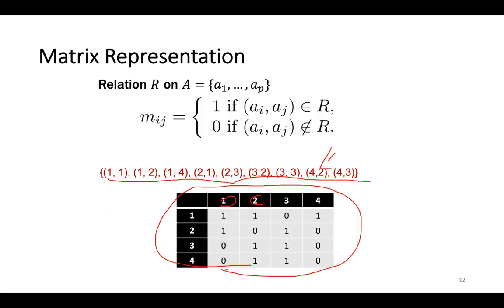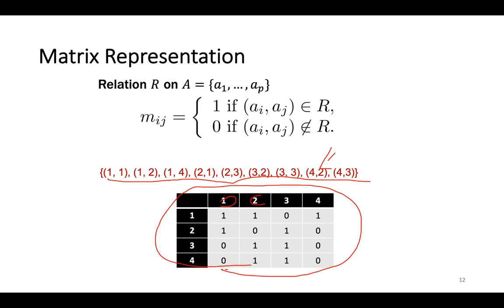And so we have seen this pair, the relation pair, to describe this relation. We can also use a matrix, because a matrix has two parts, row and column. So row will be the starting point and column will be the end point.